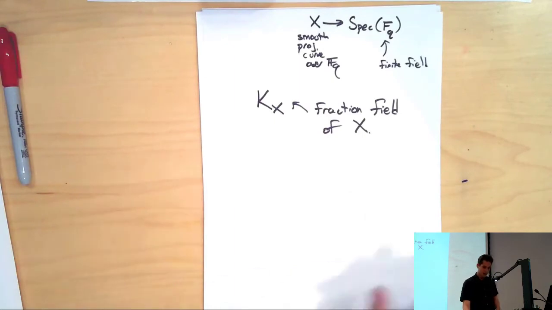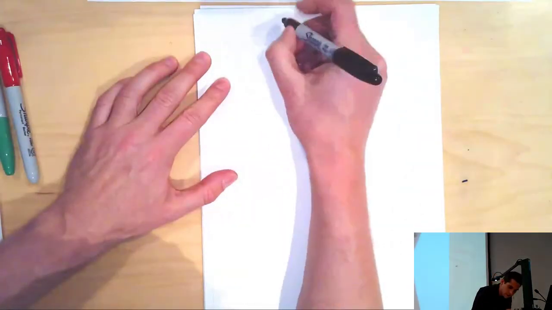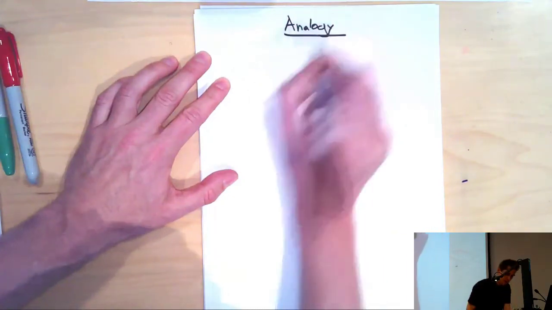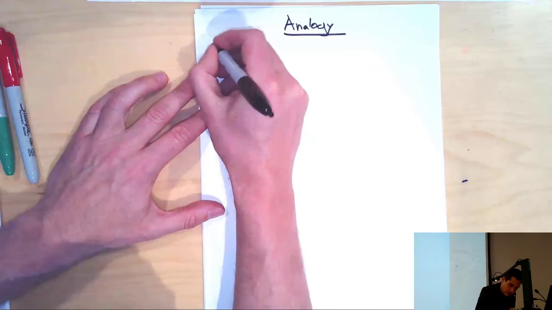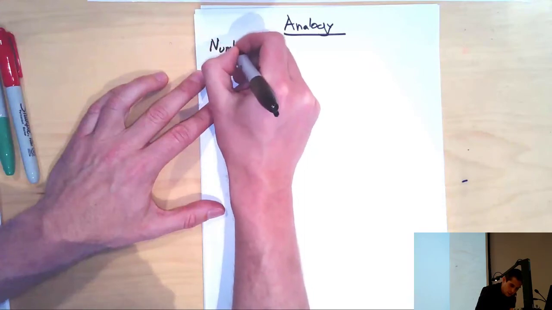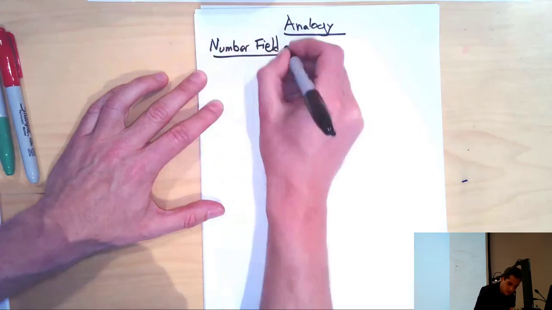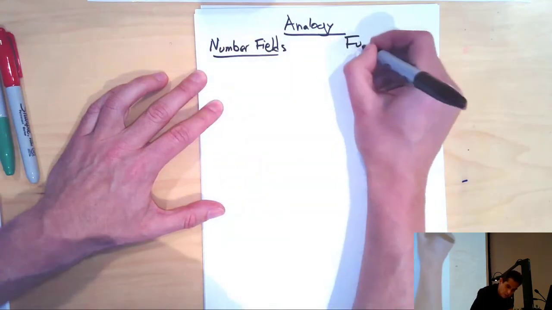So there's a strong analogy between the behavior of number fields and the behavior of function fields. So let me just spell out some of that analogy. On the left side we'll put number fields, and on the right side we'll put function fields.